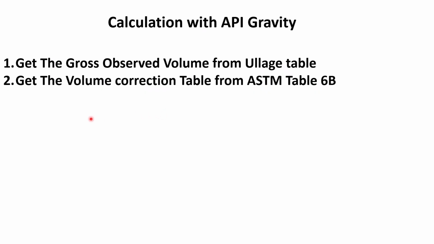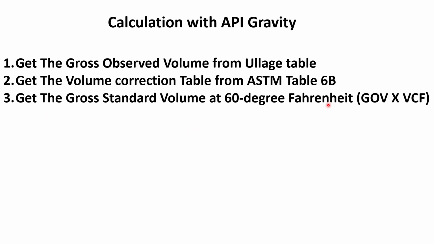It is not a table actually, it is a factor. You multiply that with the gross observed volume, and you get the gross standard volume at 60 degrees Fahrenheit. We'll see that one, don't worry.